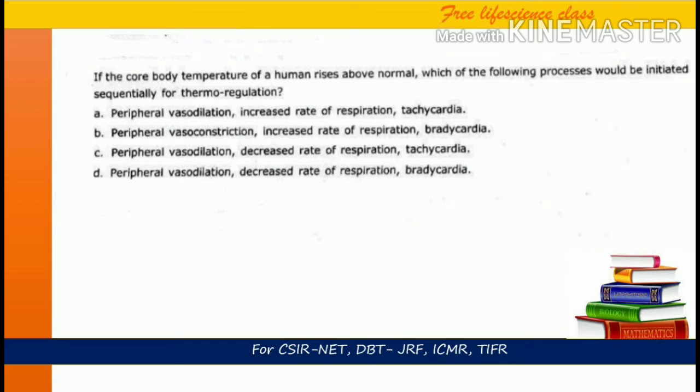In the options it is given that peripheral vasodilation, increased rate of respiration, tachycardia, bradycardia, then decreased rate of respiration, vasoconstriction. Likewise, everything is given. So we have to find which option is correct. Is it vasodilation or vasoconstriction? Is it increased rate of respiration or decreased rate of respiration? Is it tachycardia or bradycardia, etc.